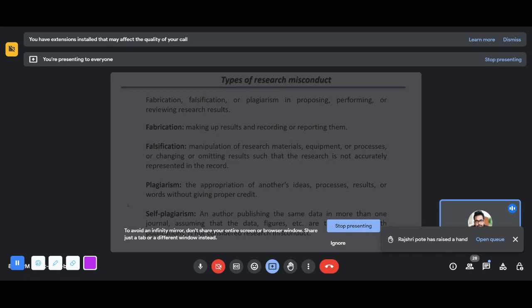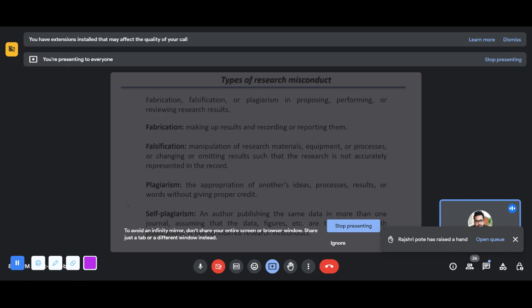They will check your manuscript or thesis and confirm that there is a limit on how much you can copy from a particular paper. If you go beyond that, you have to give the credit. So that you have to maintain.